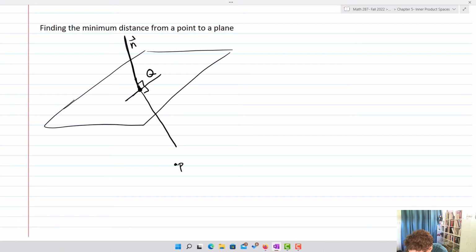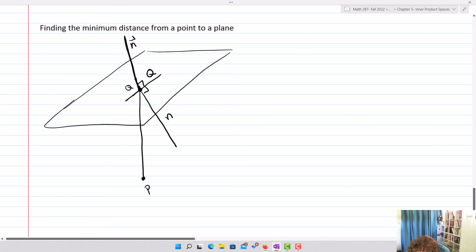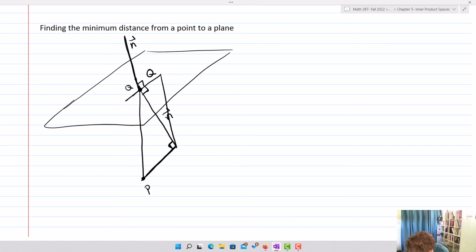I can draw a line from Q out to P, and that generates a right triangle. This thing here is our vector W.